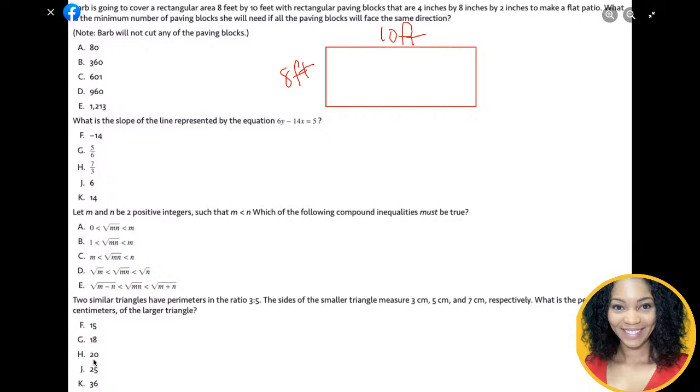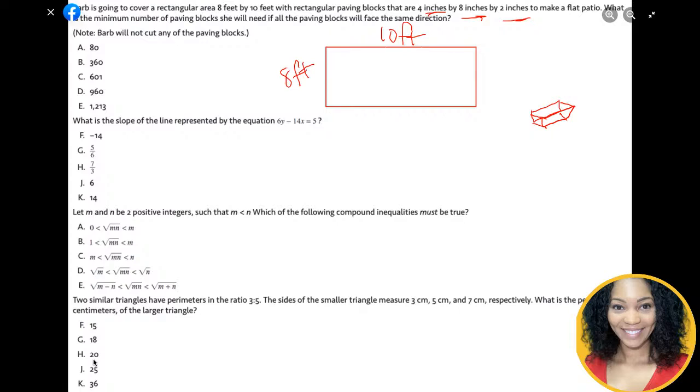All right. So with rectangular paving blocks that are, catch this, 4 inches by 8 inches by 2 inches. So we have like a little, not a cube, but like a rectangular prism, if you will, of paving blocks. And these paving blocks are in inches.